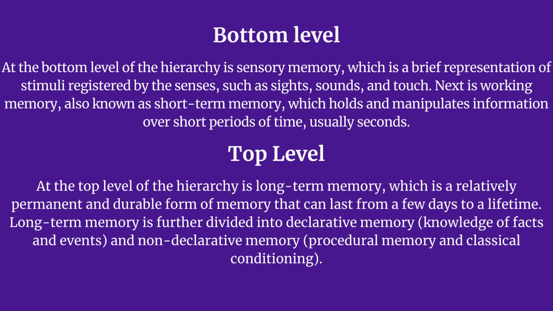Top level. At the top level of hierarchy is long-term memory, which is relatively permanent and durable form of memory that can last from a few days to a lifetime. Long-term memory is further divided into declarative memory and non-declarative memory.